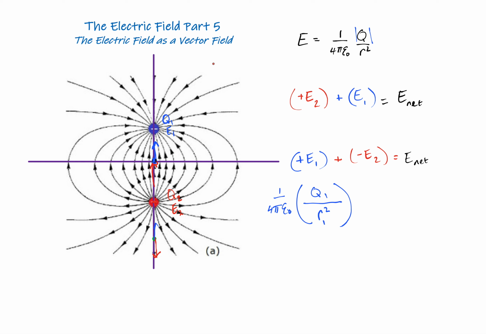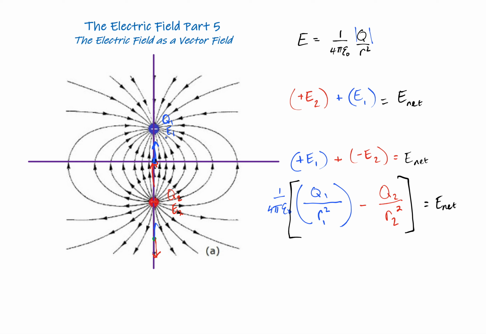Now Q2, and I forgot I need to go ahead and make this, because I factored out my constant. So E2 at that point, I'm going to do minus Q2 over R2 squared, and that all equals E net.